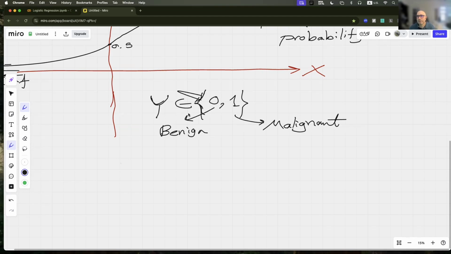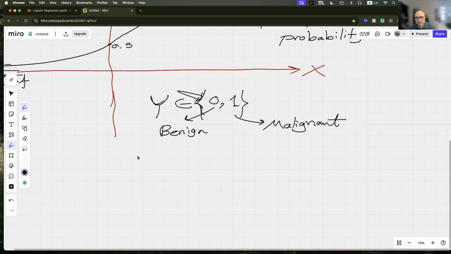Okay, so how do we create this? This is the reason they call it regression, because it is actually using a linear regression model to do that.